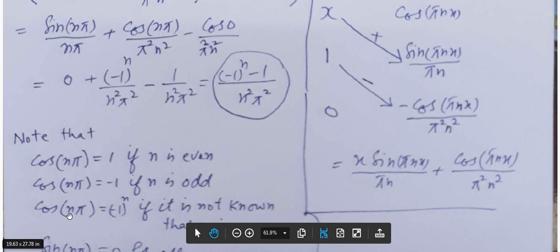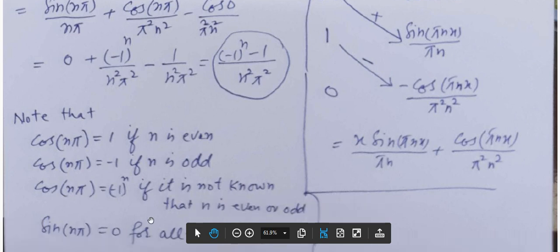And if it is not known whether n is even or odd, then cosine n pi will be equal to minus 1 power n. Why minus 1 power n? Because if you put n 1, it will be cosine pi. The value of cosine pi is minus 1. If you put n 2, it will be cosine 2 pi, so it will be plus 1.